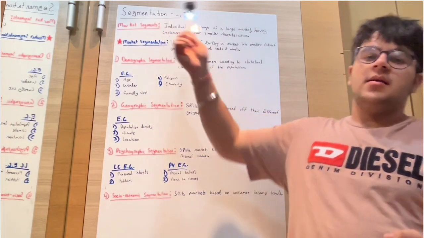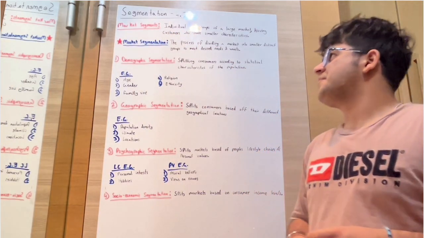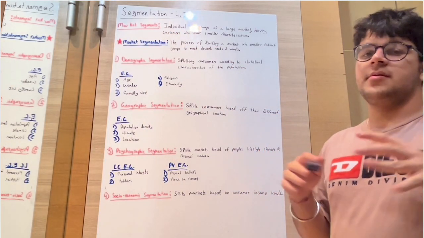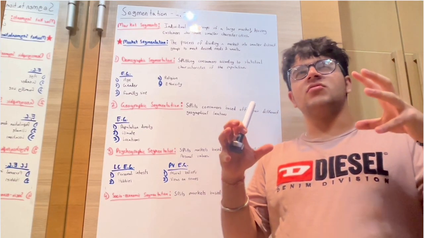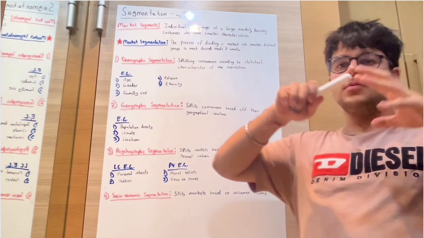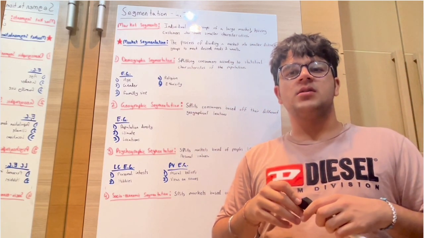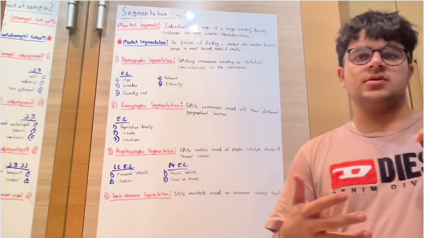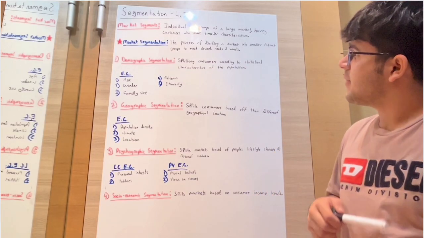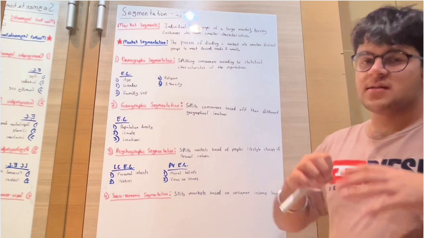Okay, segmentation 4.2 still. Now, let's just get straight into it. A market segment is basically just an individual subgroup of a large market where customers share similar characteristics and interests. Okay, this is just the idea.